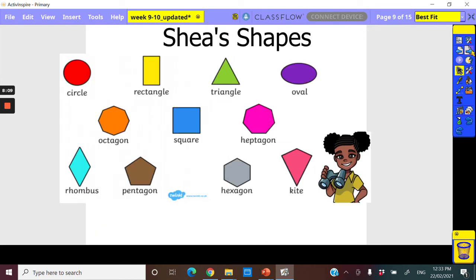Shea has a whole range of shapes. Have a look, say these with me. Circle, rectangle, triangle, oval, octagon, square, heptagon, rhombus, pentagon, hexagon, kite.